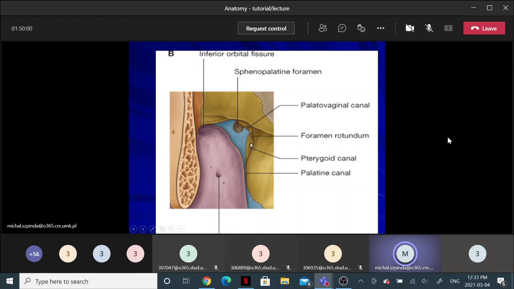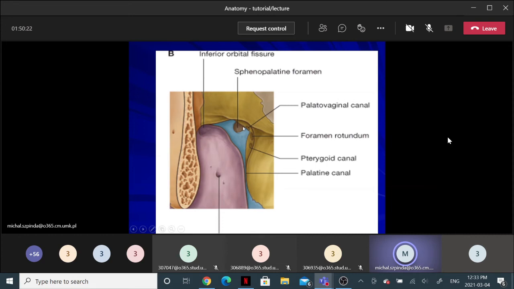Such a canal passes sagittally and ends on the anterior border of the foramen lacerum, which offers an intercommunication with the middle cranial fossa.